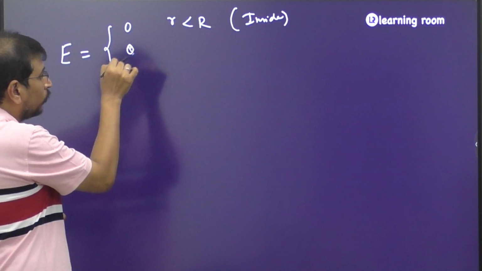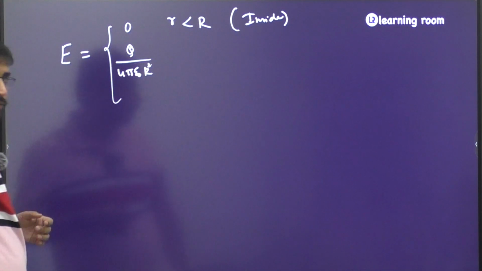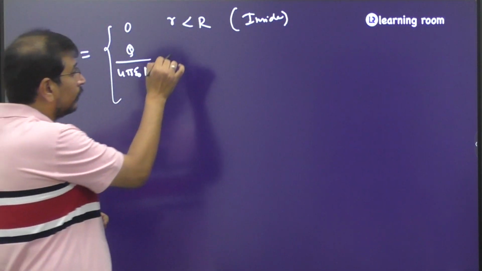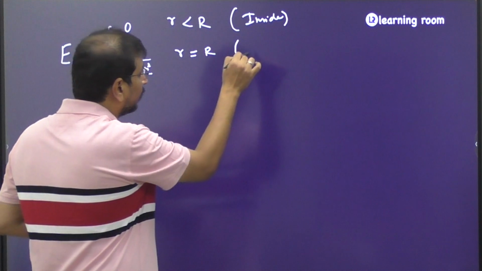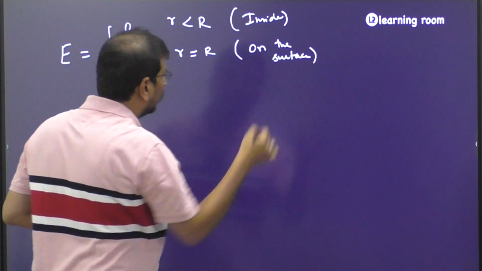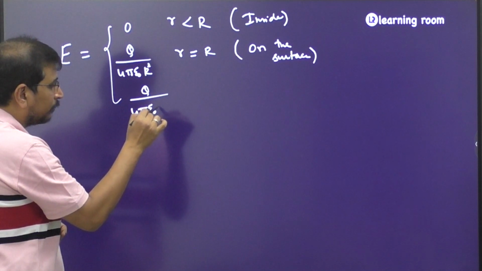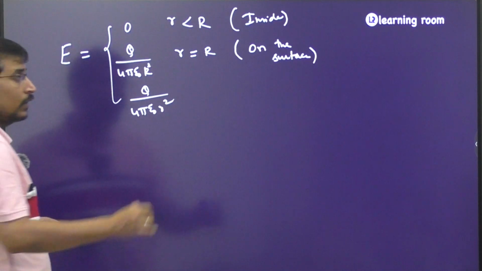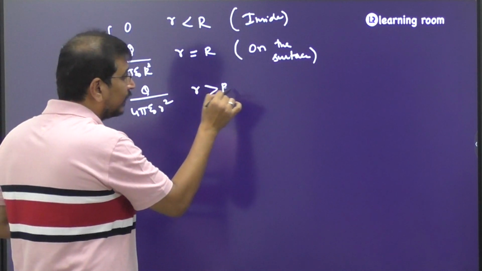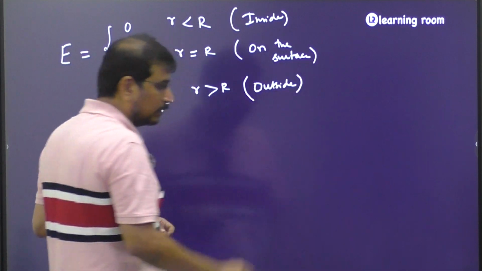It is equal to Q divided by 4 pi epsilon naught capital R square when small r is equal to capital R. This is on the surface. Then what about this? Q divided by 4 pi epsilon naught small r square when the value of small r is greater than capital R, when it is outside the surface.